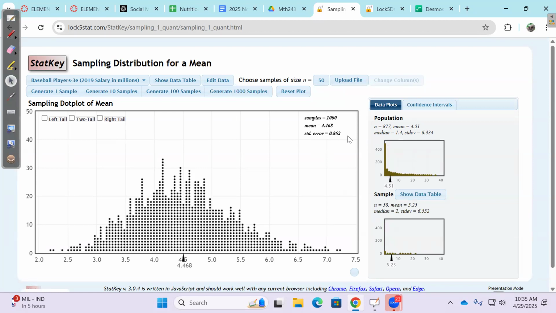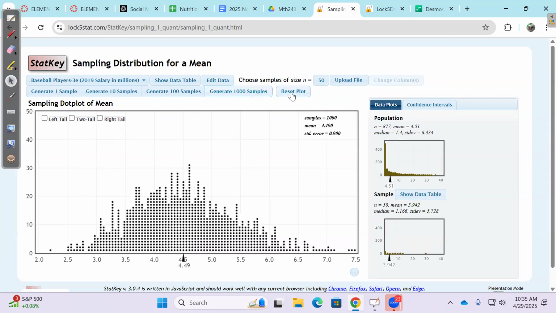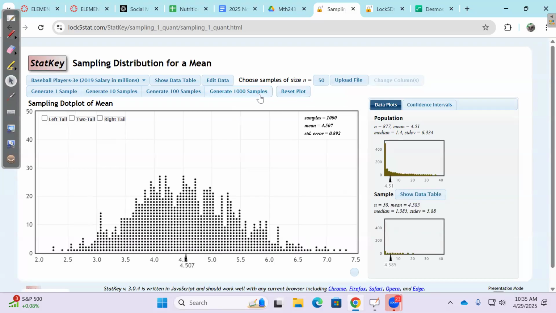Because the sample size is small, there's going to be a little more variability in what the standard error will be, based on the previous examples. So 0.862, 0.834, 0.9. Yeah, this is jumping around a little bit more. That's why it's in our best interest to get as big a sample as we can afford to get, right? But then you've got to get the sample. That can be expensive. So let's call it 0.892 for fun.